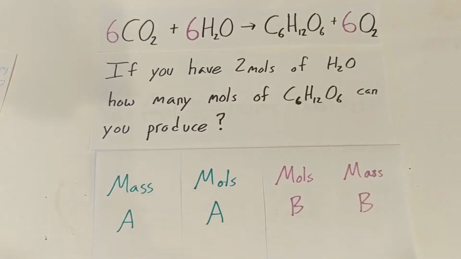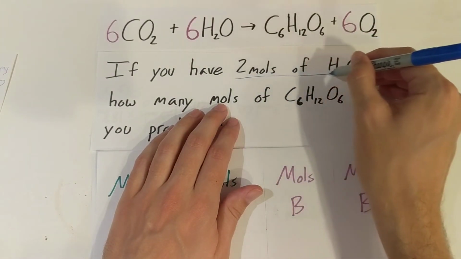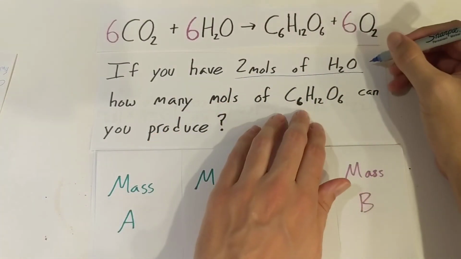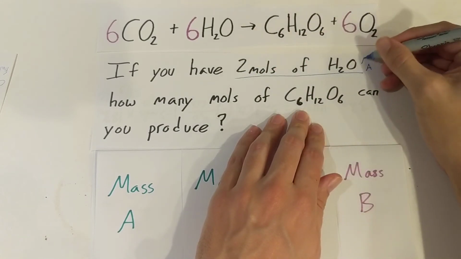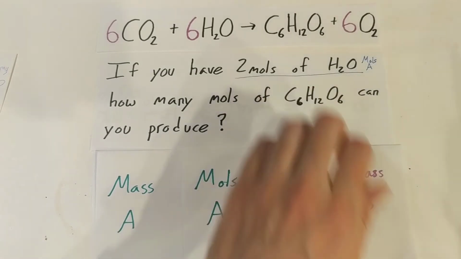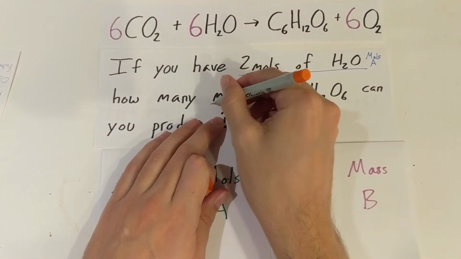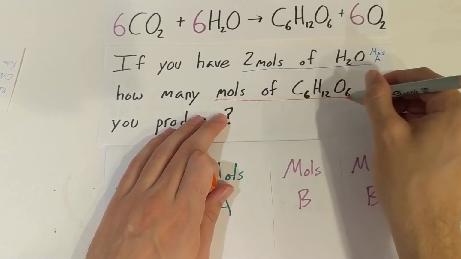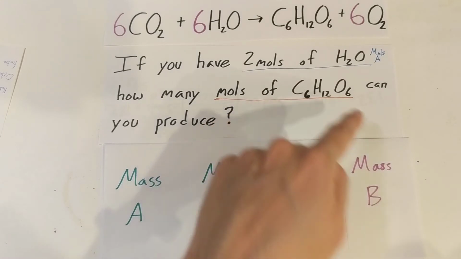So in this case, let's see what we're starting with. We're starting with 2 moles of water. So in this case, this will be our A, and we're starting with moles. So we're starting at moles A. And what it's asking us to get to is moles of glucose, or moles of C6H12O6.